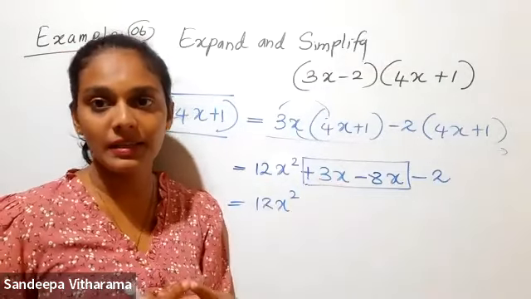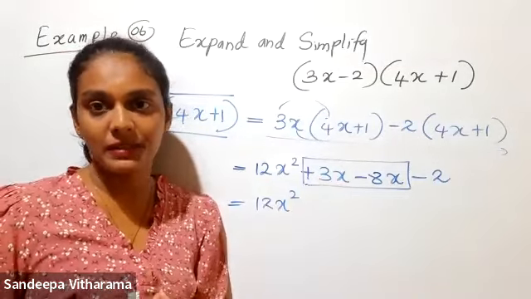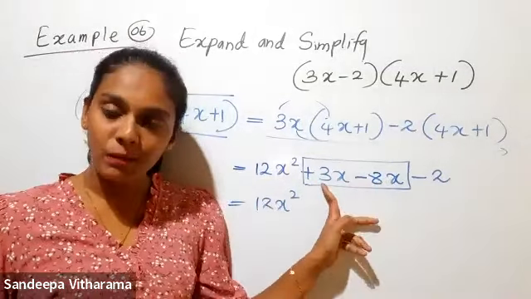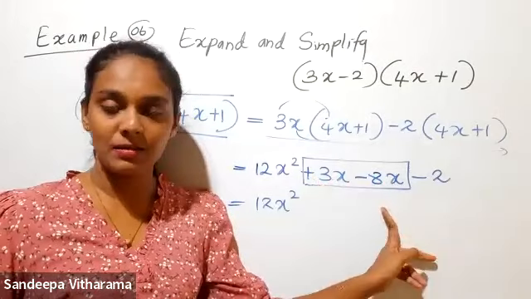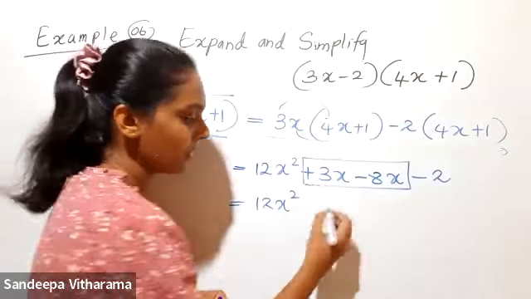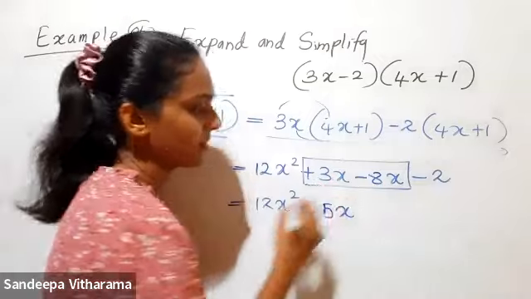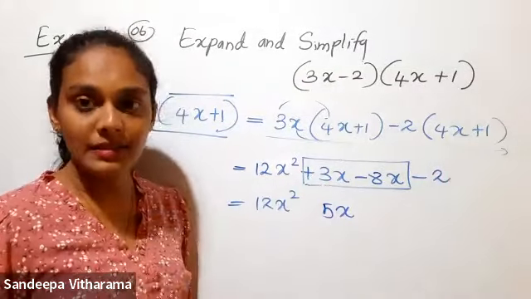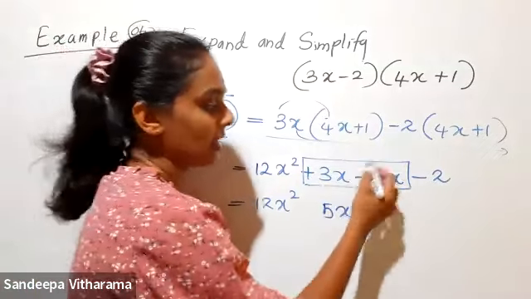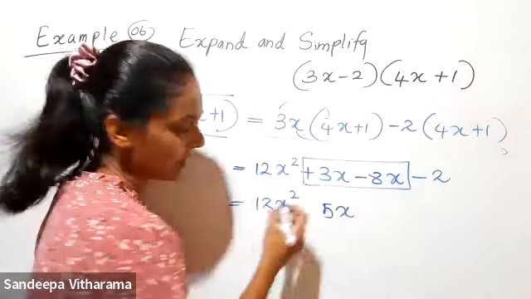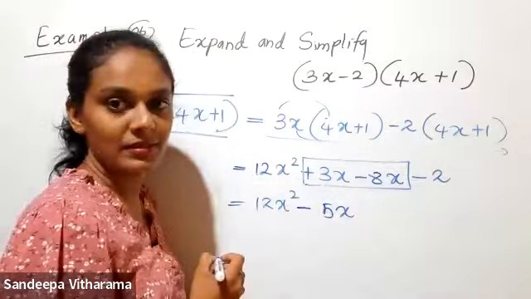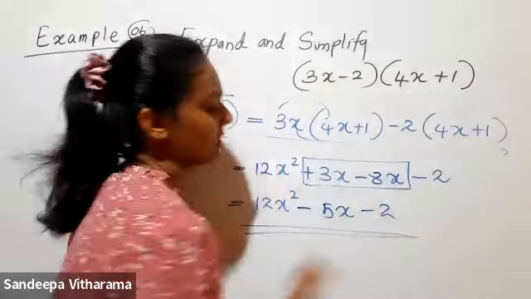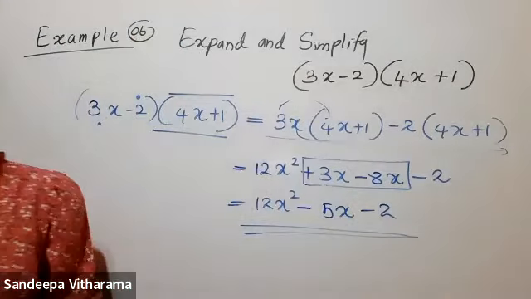In a place like this, you have to subtract the small number from the large number. Then it is 5x. Then what is the sign of 5? It is decided by the sign of the large number. It is minus 2. This is the simplest form of the answer.